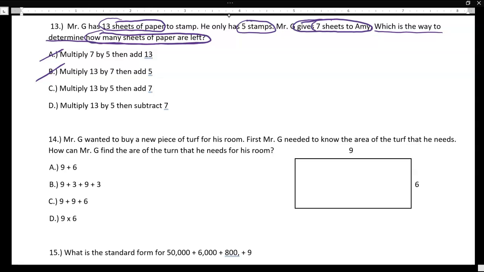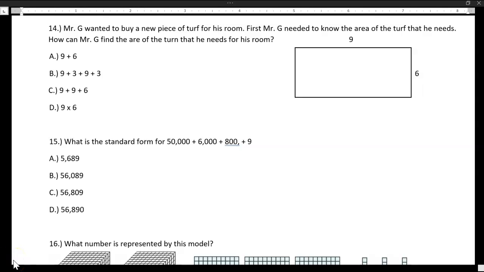Then we'll go to the add, okay? But if you look at C and D, they both say multiply 13 by 5, right? Now we go to the next part. If I give 7 sheets to Amy, that's going to be subtract. So C is out. My answer is D.